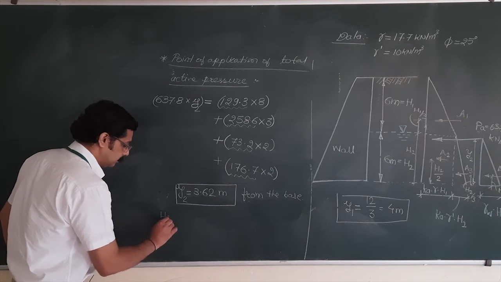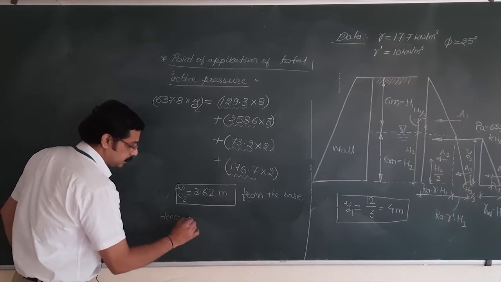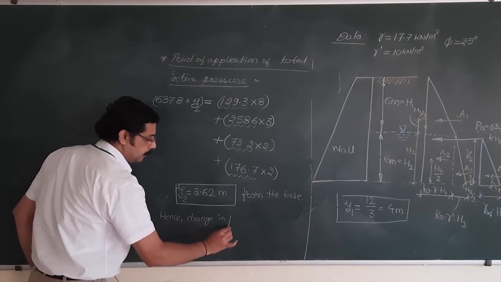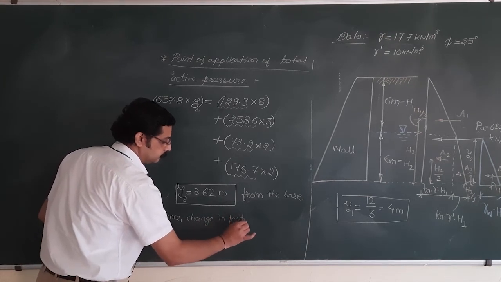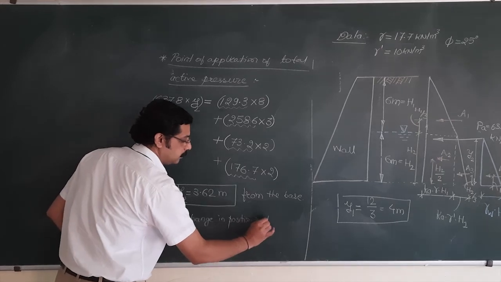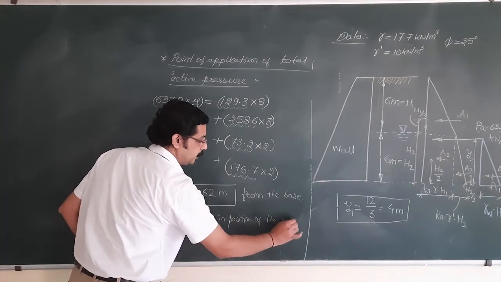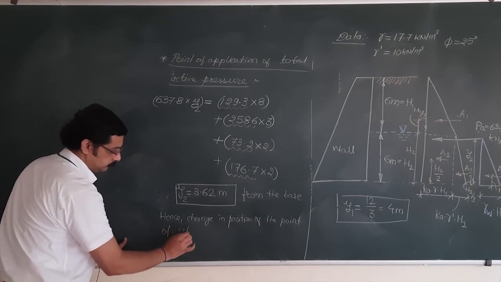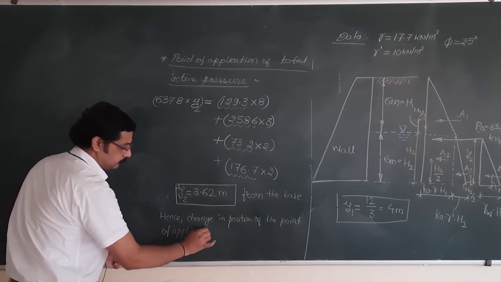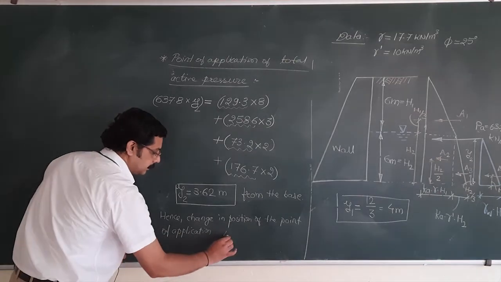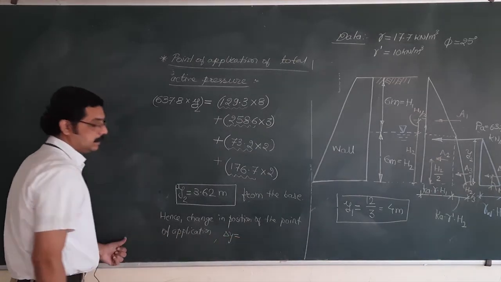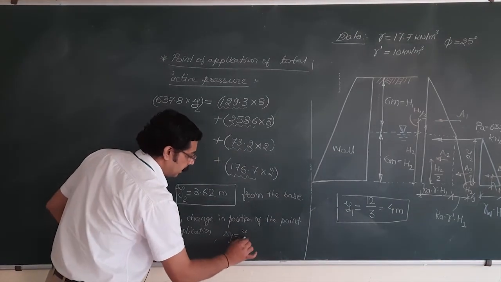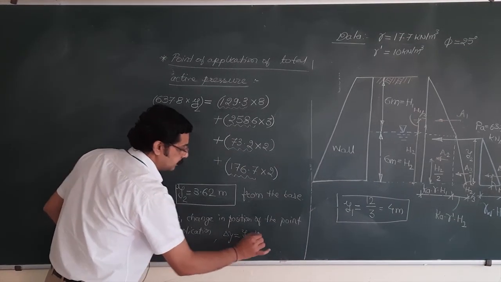Hence, the change in position of the point of application, that is delta y, is equal to y2 minus y1.